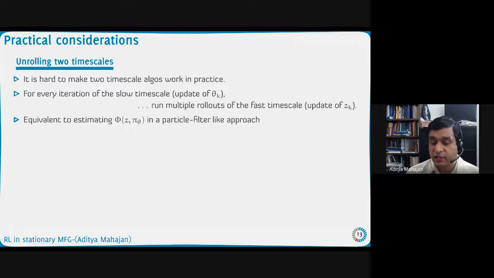I consider that there is a population of particles. Each particle is following the strategy pi theta. I start with some initial distribution and let the system run for a certain burn-in period. And whatever distribution of particles I get at the end of that is an unbiased estimate of the stationary distribution of the system.